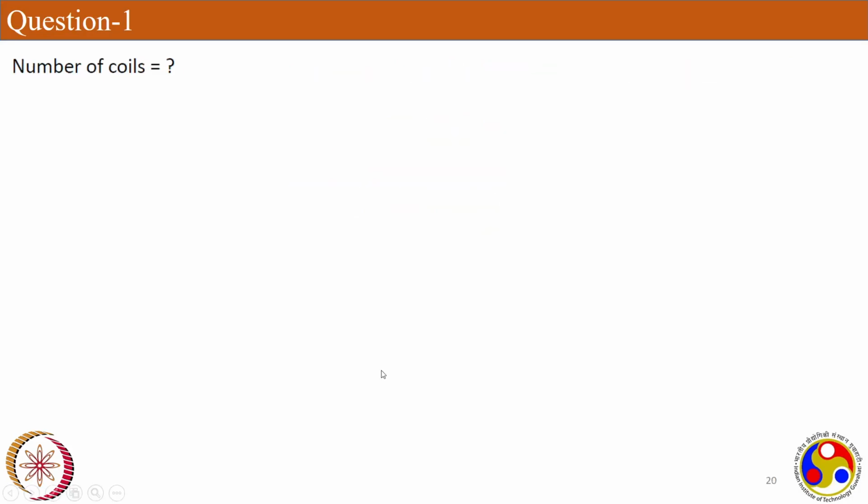Okay, number of coils. This is another key data which we shouldn't miss in the question. It was given that it's a double layer winding. I'm just showing you briefly. If it's a double layer winding, there will be two slots, upper slot and lower slot. If it is going like this, it will come back and go from the bottom.